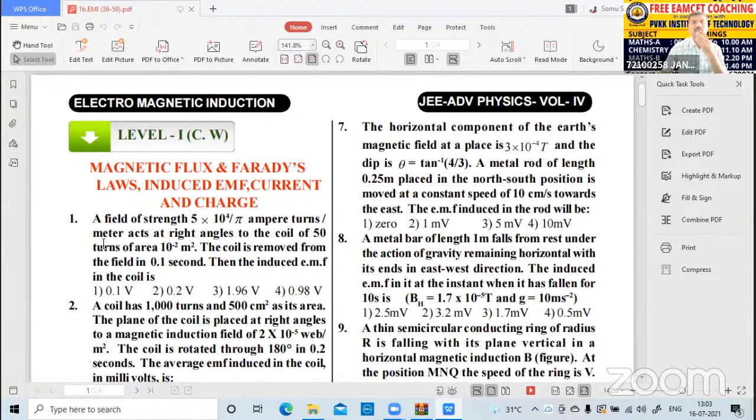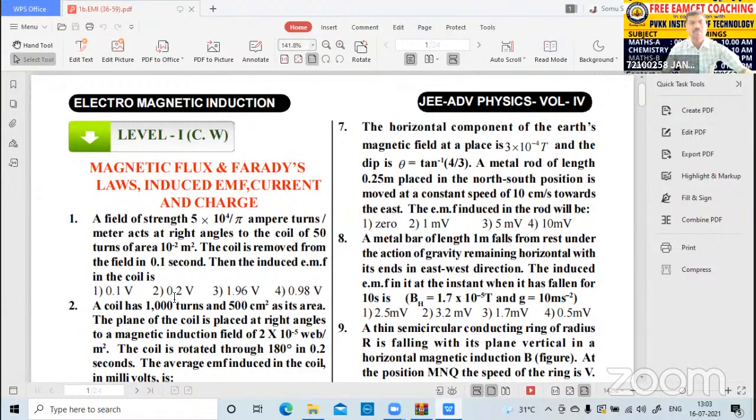So what is given? Once again, the field of strength 5 into 10 power of 4 by pi ampere turns per meter acts at right angles. Right angle means theta is 90 degrees. Right angle to the coil of 50 turns. Number of turns 50. Area 10 power of minus 2 meter square.